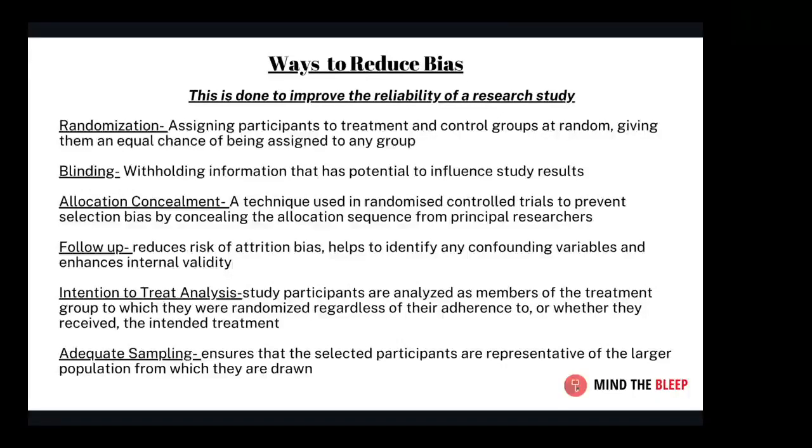You can blind the research participants, and there's also double blinding, in which the researchers are also unsure whether participants are in the intervention group or the control group. This is similar to allocation concealment, commonly used in randomized control trials to prevent selection bias, where the allocation sequence is concealed from the principal researchers.